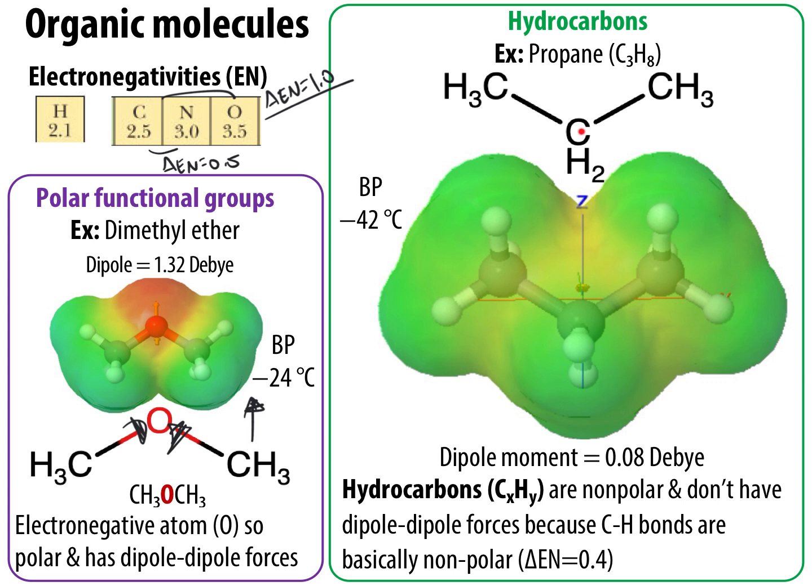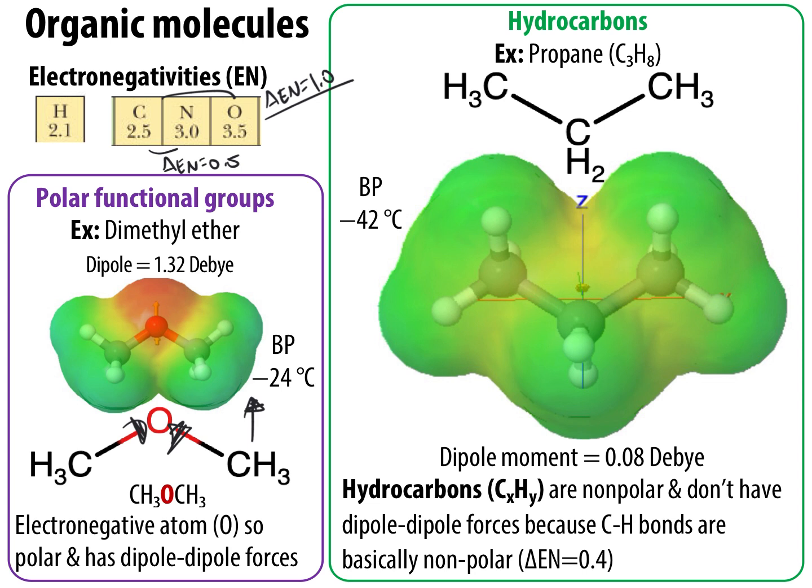Propane, on the other hand, with only C and H, there's very little difference in electronegativity between these two atoms, and those pulls that there are going to basically cancel out with no lone pairs and a symmetrical type of shape. So this has a dipole moment of, in this case, about 0.08, but really basically 0. And we'll just assume these are completely nonpolar and don't have dipole-dipole forces whenever we have a hydrocarbon, so just C and H in the molecule.